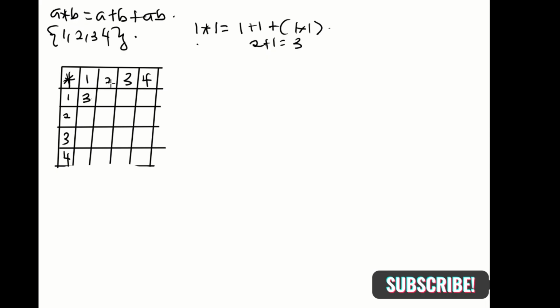So let's look at 2 operation 1. 2 operation 1 is equal to 2 plus 1 plus 2 times 1, which is 3 plus 2, and this is 5.